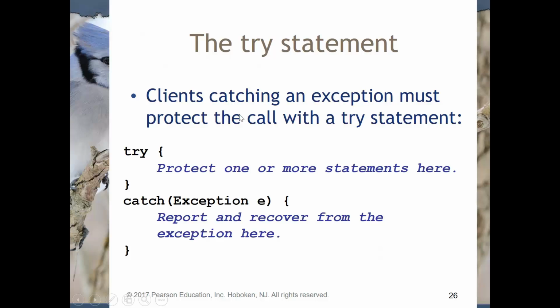Clients catching an exception must protect the call with a try statement. So you have try in here, catch exception e, report and recover from the exception here. Up here, there could be a problem where they didn't include the value. Here, you send something to the screen, or you do some type of an action to try and recover, and you go from there.